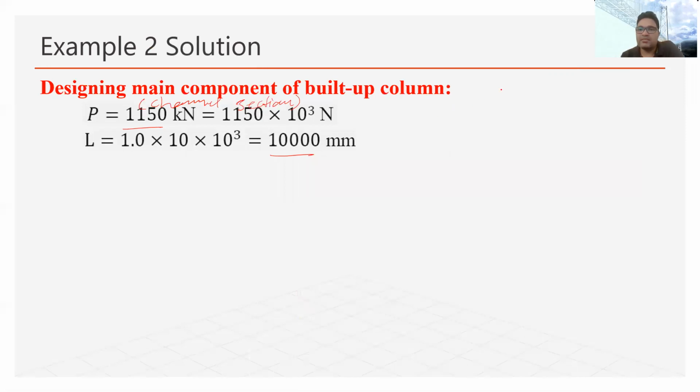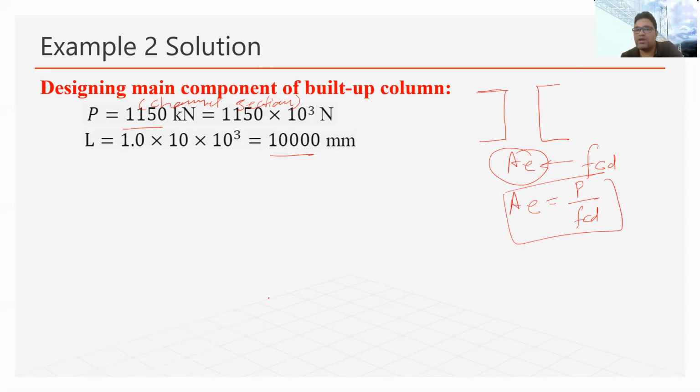While designing the channel section, we are supposed to find the effective area. This effective area can be calculated when we assume the value of FCD, because AE can be calculated as P by FCD. Using this relation, we will find the effective area.